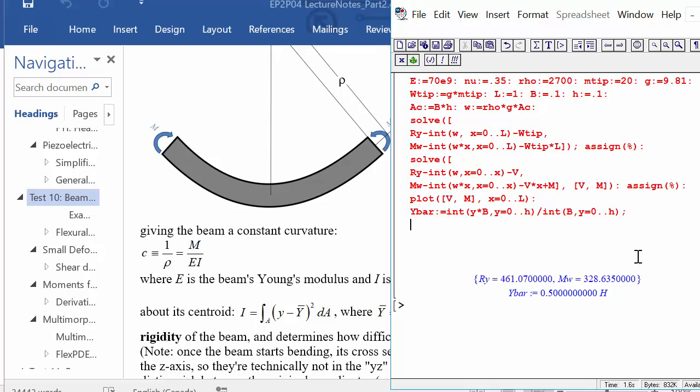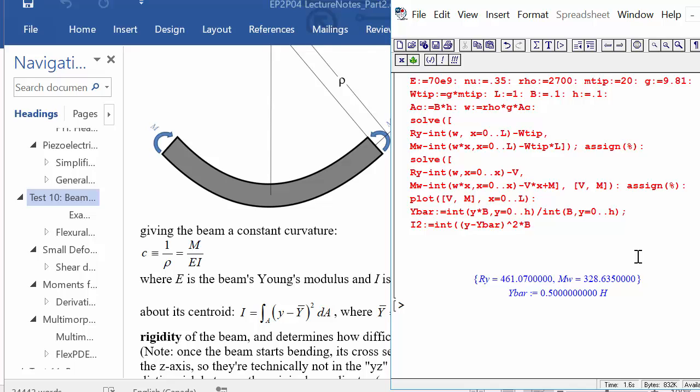Then what we can do is we can say that I, because I is a reserved thing in Maple, I have to call this I2, would be equal to the integral of y minus y bar squared with respect to area.